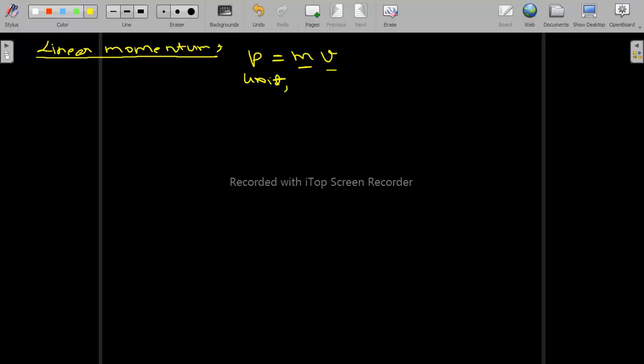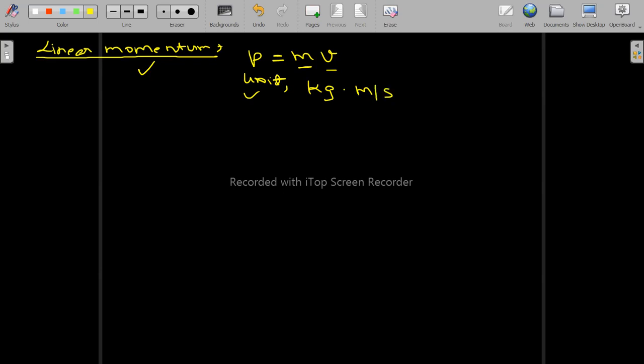Tell me the unit of the linear momentum. The unit of mass is kg and the velocity is meter per second, right?